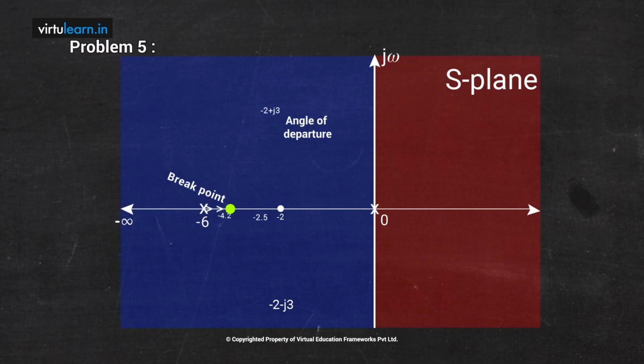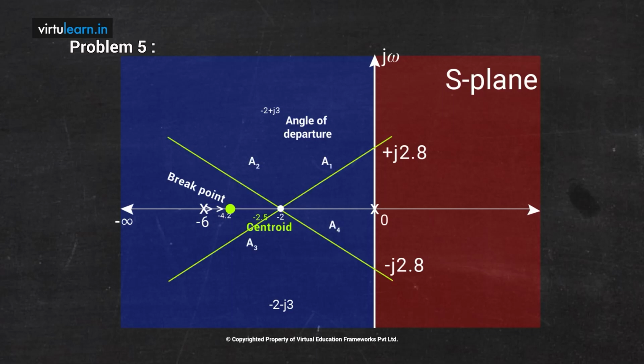In this case, the breakpoint, the centroid and the angles of departure play an important role when you decide the sketch of the root locus. Now look at the asymptotes: the centroid is at minus 2.5, and the asymptotes are A1, A2, A3 and A4.